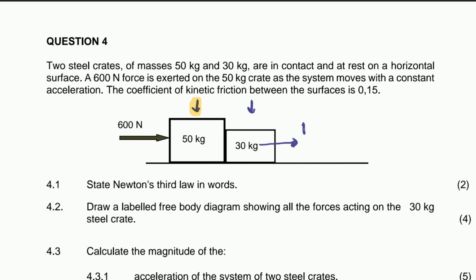That one is the force from the 50 kg on 30 kg, and here on this block will be the other force in that direction, which is the force of 30 kg on 50 kg. Those are the two forces on each other.